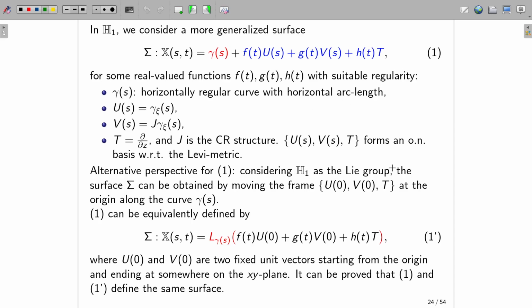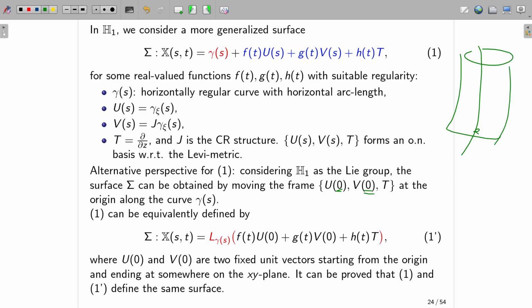An alternative perspective for equation 1: consider H^1 as a Lie group. The surface sigma can be obtained by moving the frame at the beginning, when s equals 0, at the origin, along the curve gamma. You can have that because sigma like this is a tube.